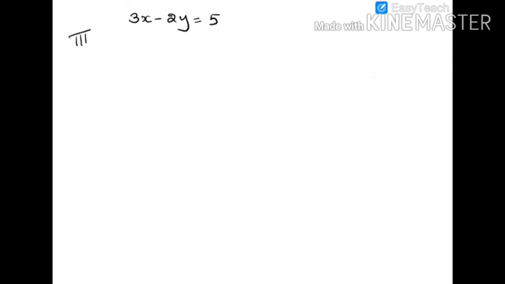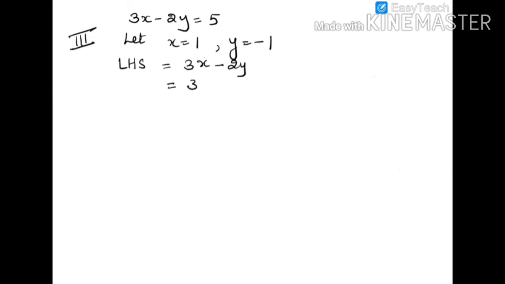Let's consider another set of values for x and y and check whether they satisfy this equation. So let x equal to 1 and y equal to minus 1. Left hand side of the equation is 3x minus 2y. So substituting x equal to 1 and y equal to minus 1, we get 3 into 1 minus 2 into minus 1.